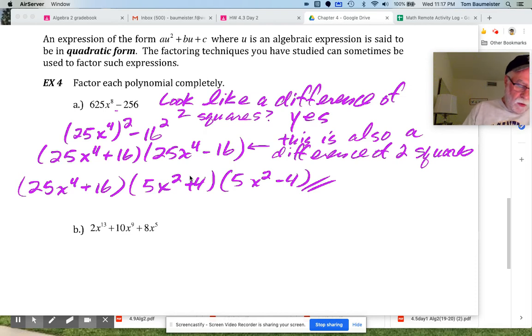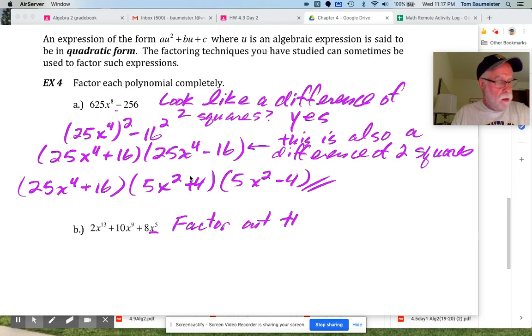B, we have 2x to the 13th plus 10x to the 9th plus 8x to the 5th. So again, look at this last one here. We have x to the 5th, so we're going to factor out that common monomial.